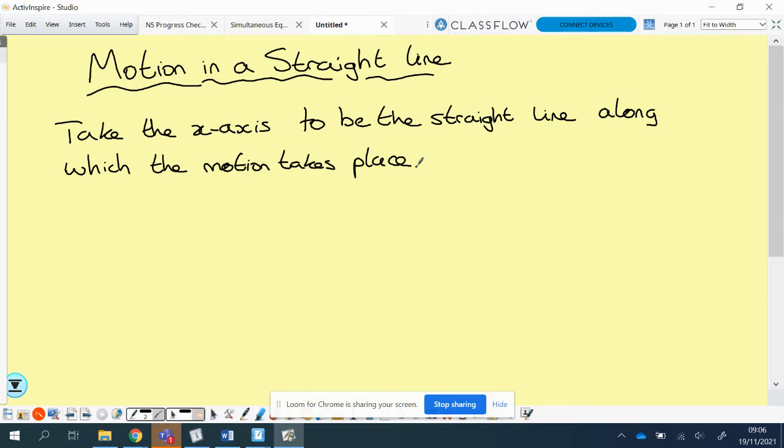Okay, so we're just talking about horizontally moving. Okay, we're not talking about any vertical movement like gravity involved.